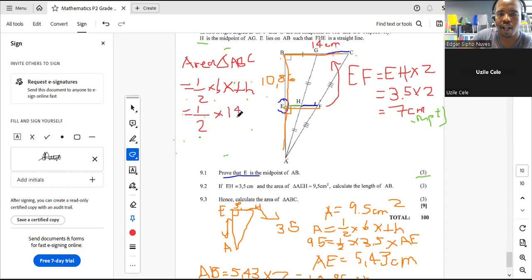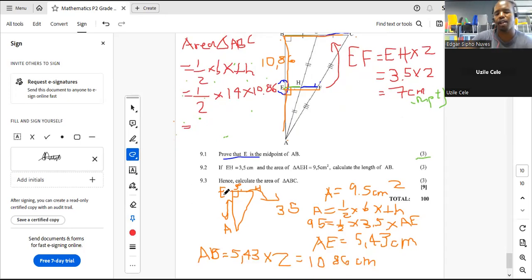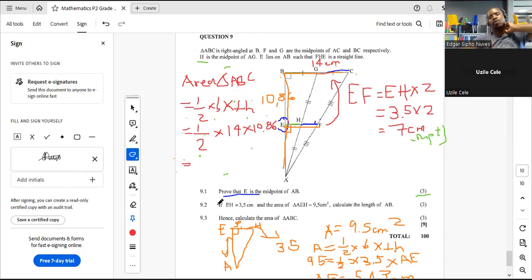What is the perpendicular height? 10.86. What is the final answer? Do you have a calculator with you? Yes. Okay, tell me the final answer. I know it, but I'm just wanting you to calculate it yourself.